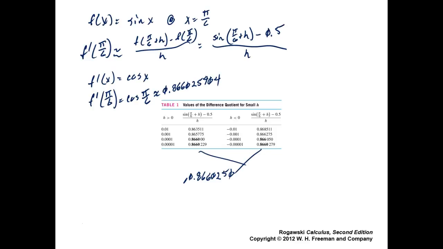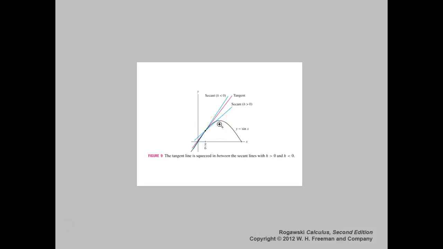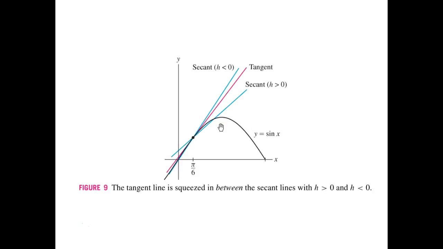There is a figure. There's a table. Here's the figure as we're doing that. Here's the sine curve. Here's pi 6, because this is pi halves. That would be a third of the way, pi halves.